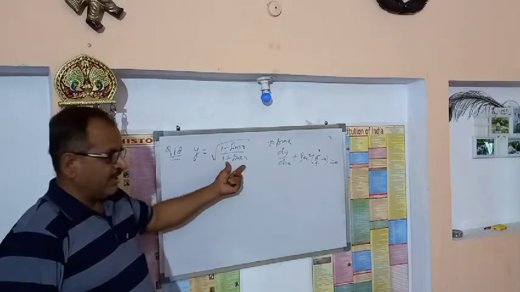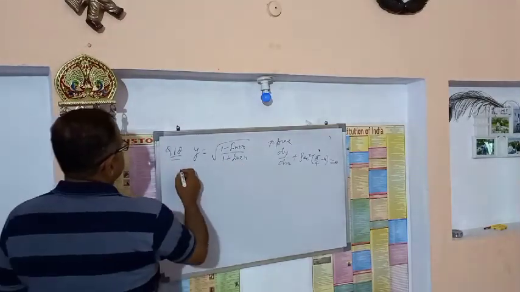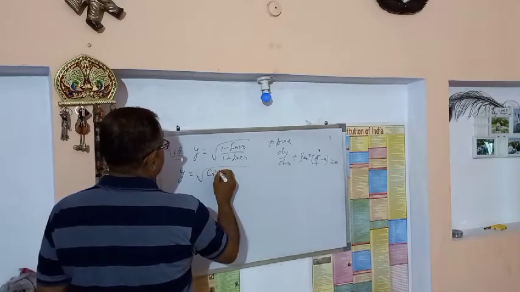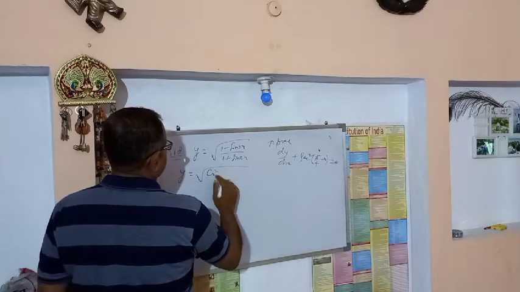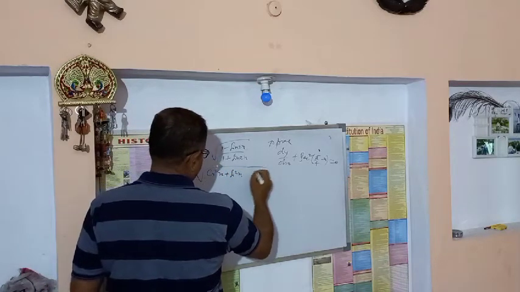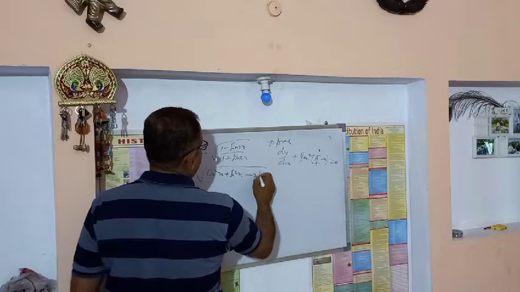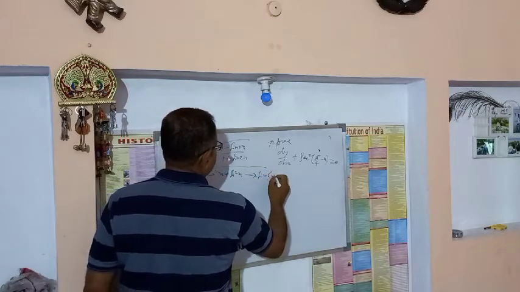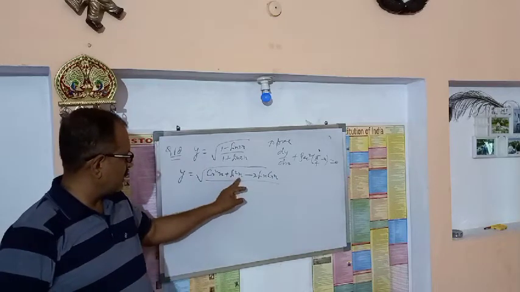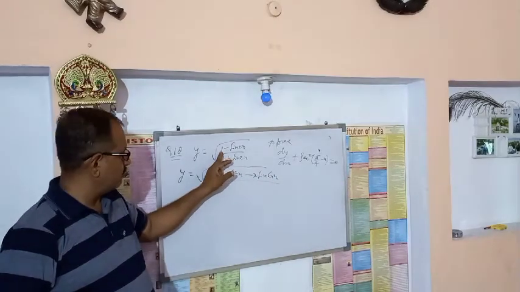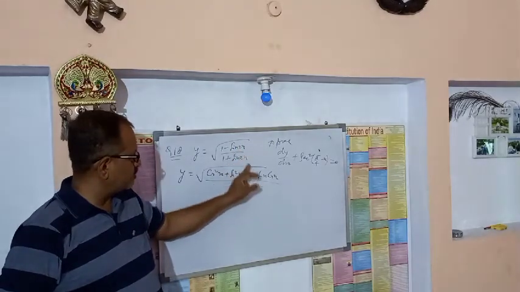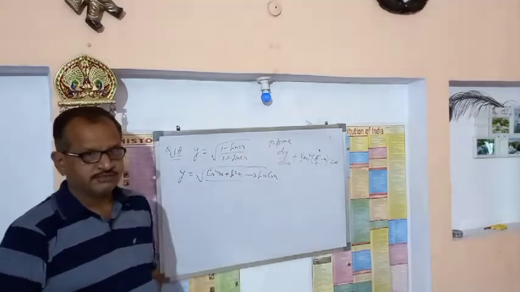Firstly, we will simplify it. We know that cos square x plus sin square x is 1. So in place of 1 write cos square x plus sin square x. And sin 2x formula is 2 sin x cos x.